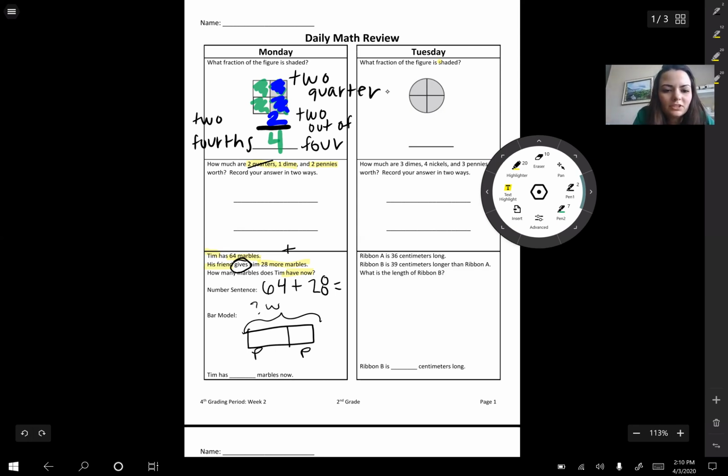So first, what Tim started with, 64. What he got more of, 28. If we put those together, we have all of our different strategies that we can use. We can use our place value chart or our regrouping, our regular operation. So let's just use our regular operation for right now.